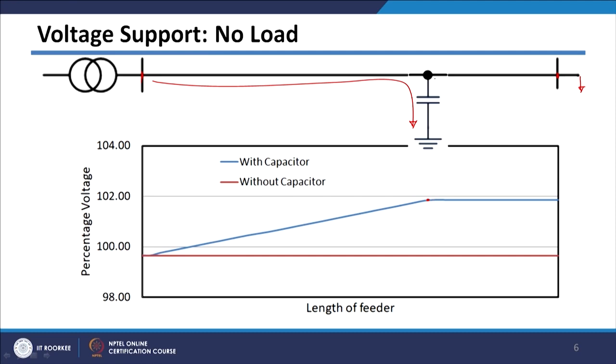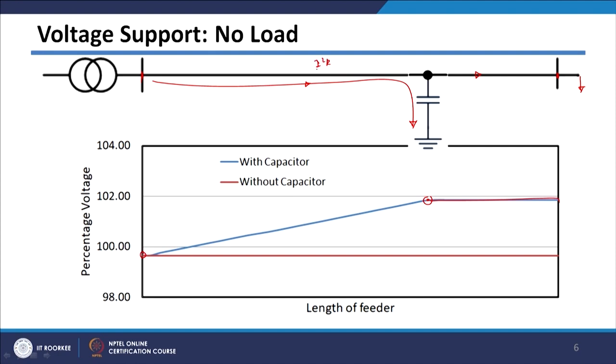Since there is no load, the current is 0, and the same voltage will appear till the end. So, the voltage profile with capacitor and no load will be something like this, meaning the voltage will go above the rated value, and because of that this leading kVAR will constitute some kind of current. Because of that there will be I square R losses also.